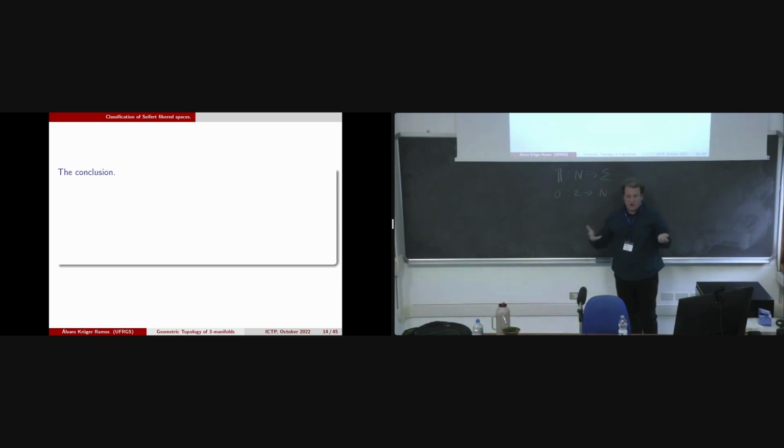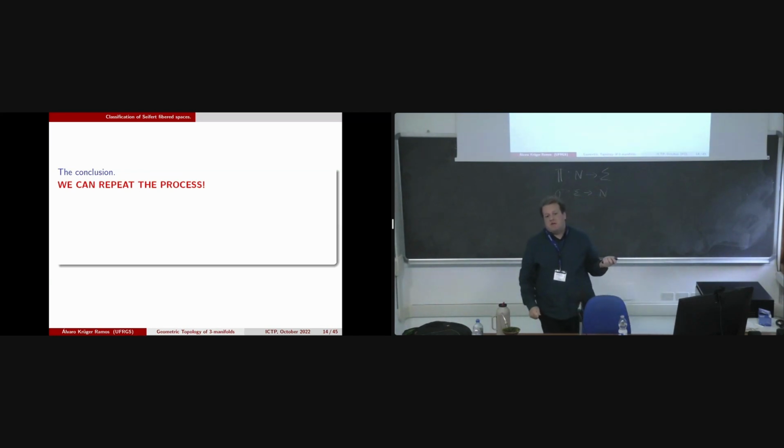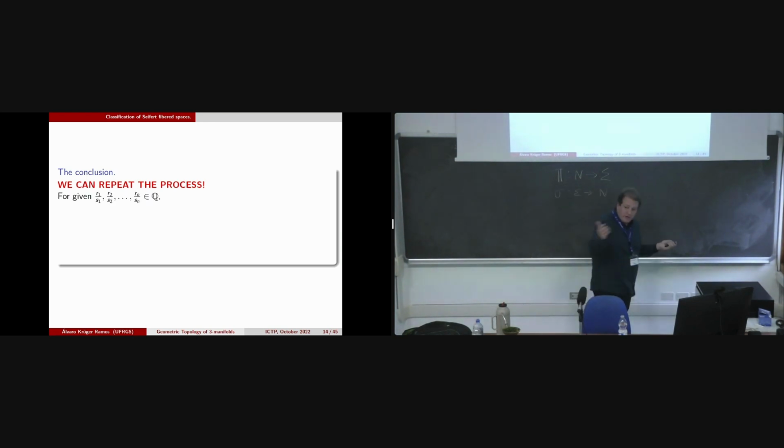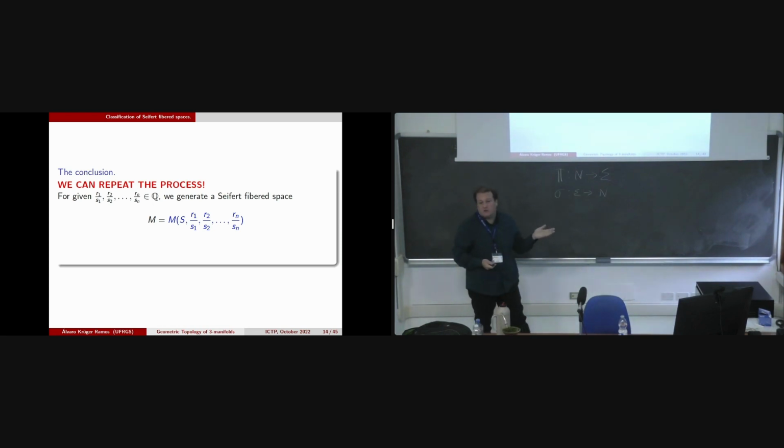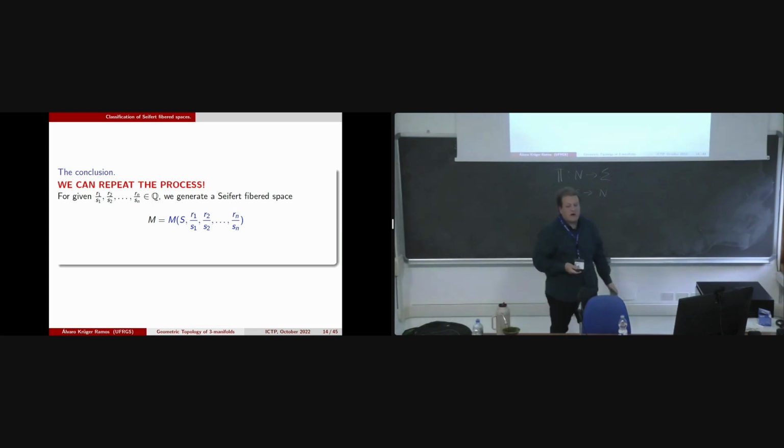Conclusion: you are in the same setting again, so you can repeat the process. You take three things, create a new thing with the same properties, so you can do it again and again. You can choose n rational numbers and generate a Seifert fiber space with the notation M of S, where S is your original surface, and n rational numbers.